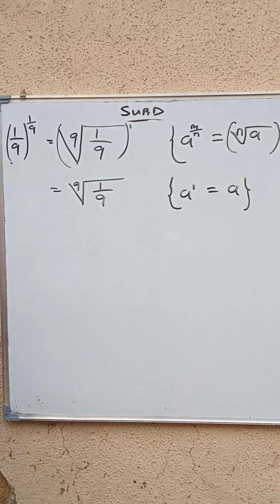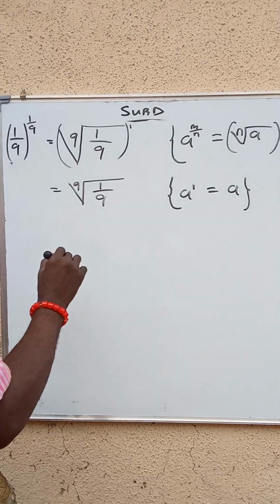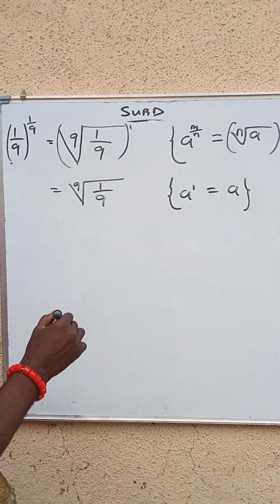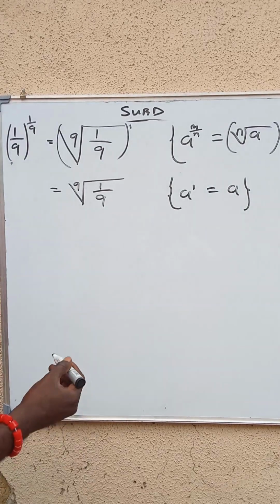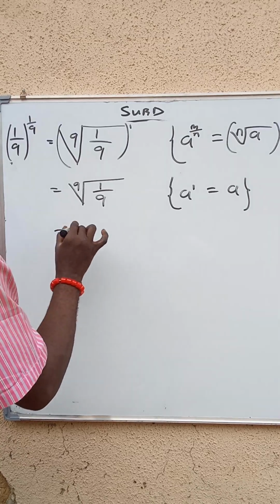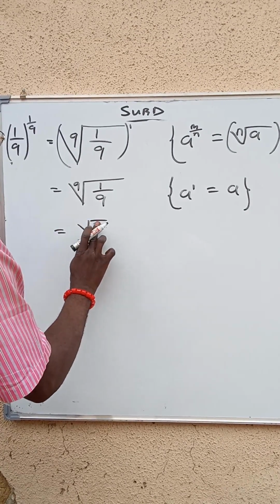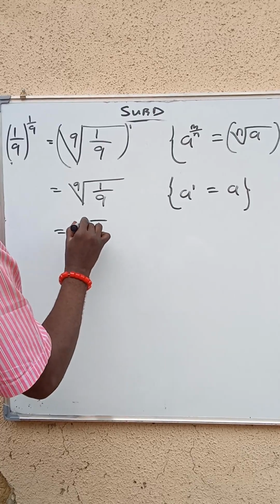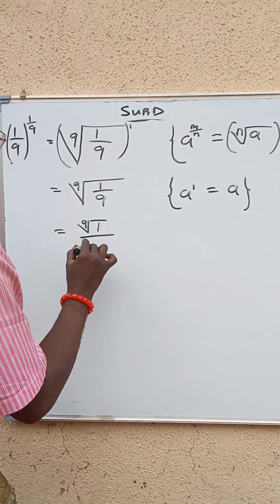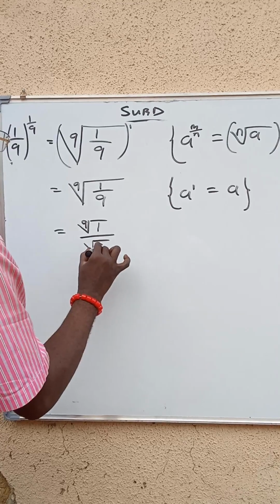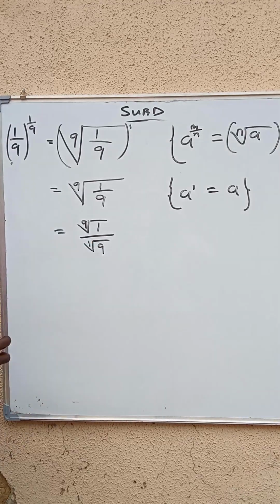This one has gone. Now, look at what I'll do again. Remember our following surd rule that we have learned. So this will now give me the 9th root of 1 over the 9th root of 9. Right?